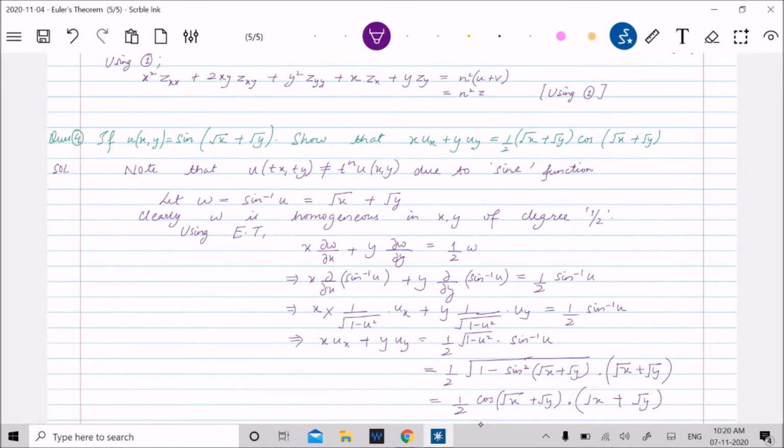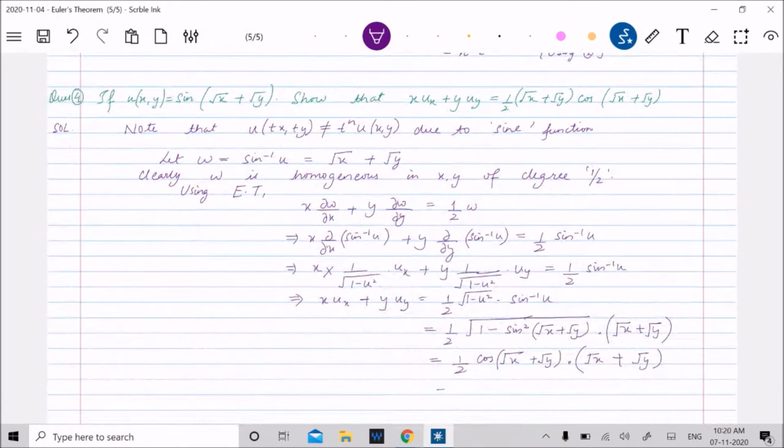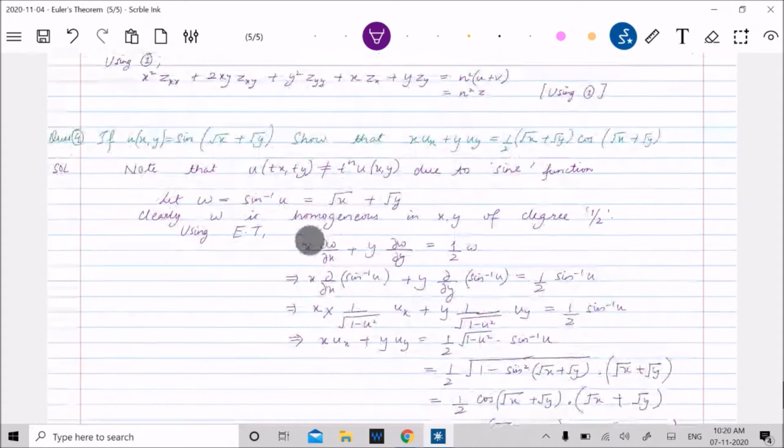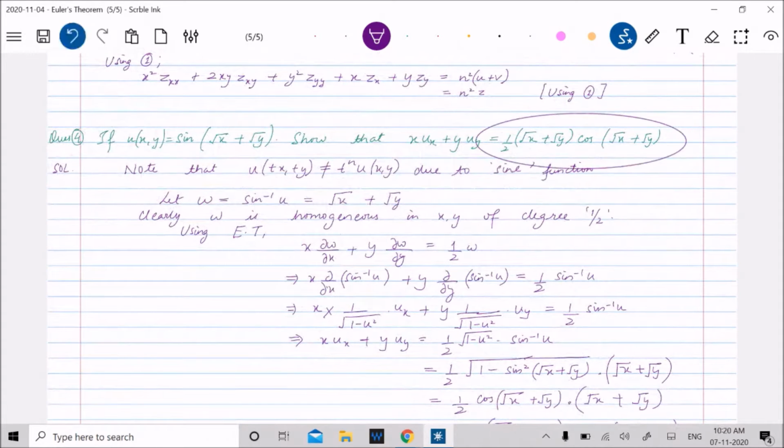If you want, root x plus root y can be written before, and then you write cos of root x plus root y. So this is what we wanted to prove.